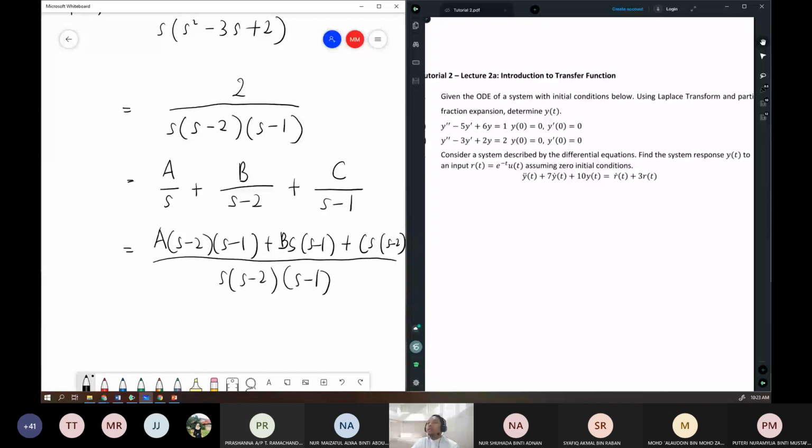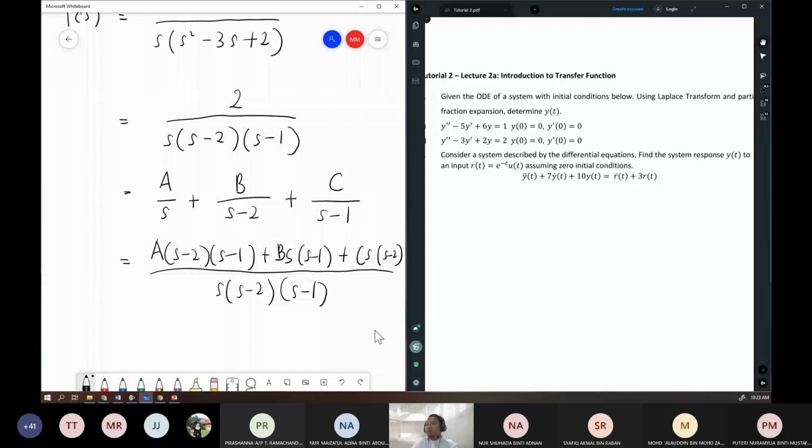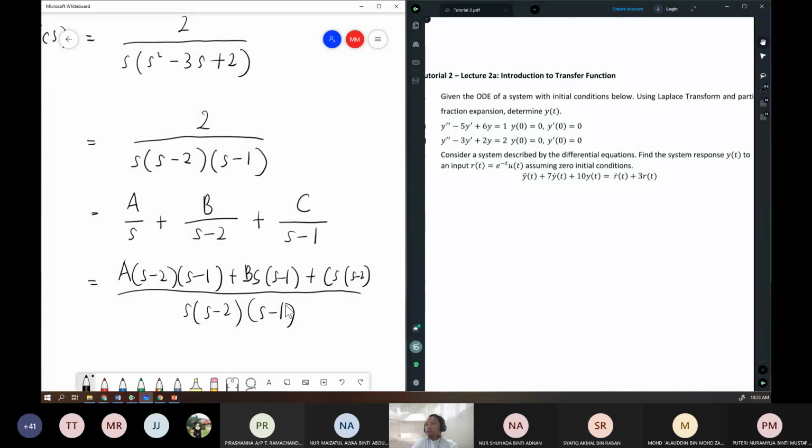Then compare the fractions with the coefficients A, B, C with the original one, and then substitute suitable values of s. Use the values of s from the denominator.